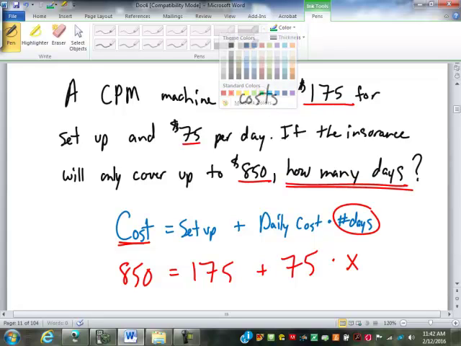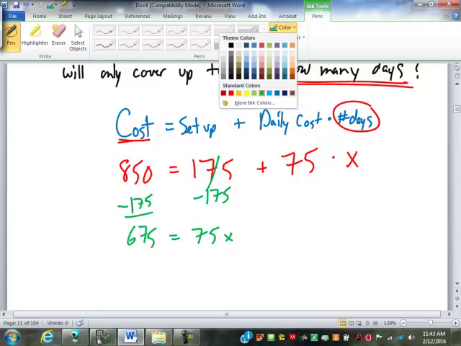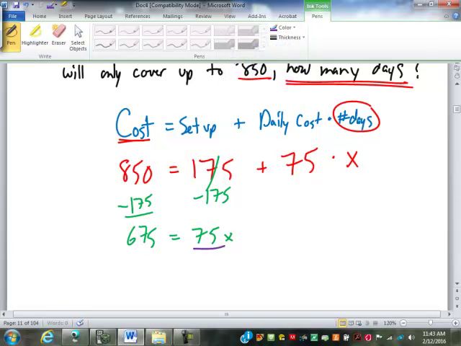So that gives us the equation that describes this problem, and all we have to do is solve for X. As we covered last class, we subtract 175, giving us 675 equals 75 times X, and we divide by 75, giving us 9 equals X.